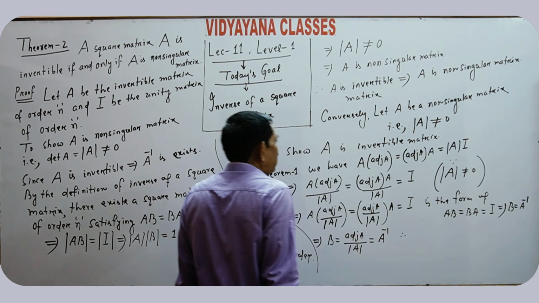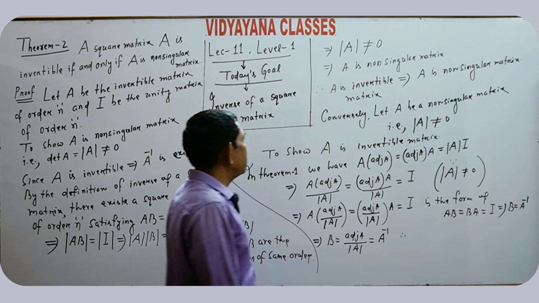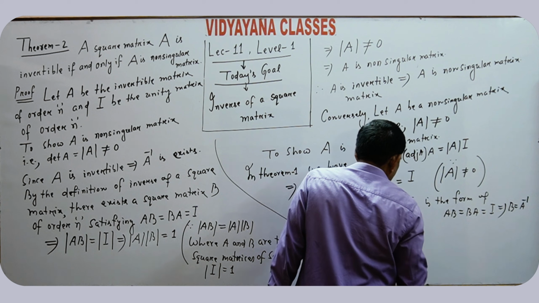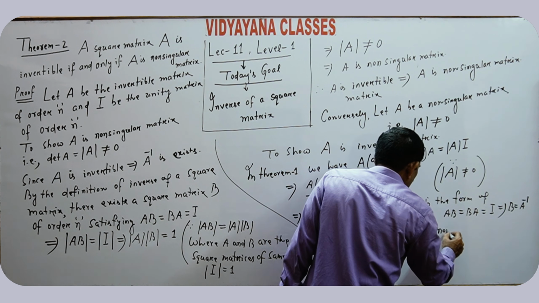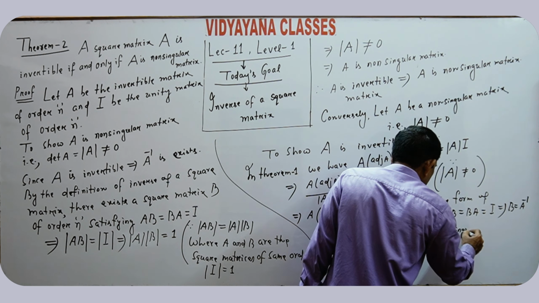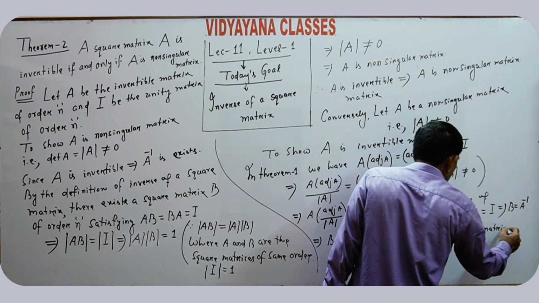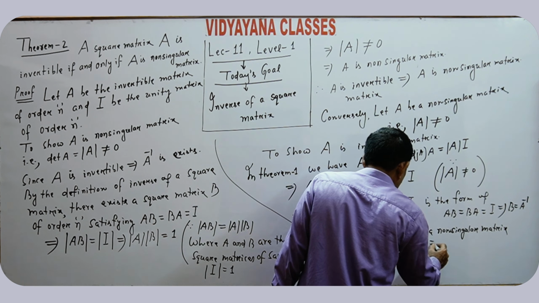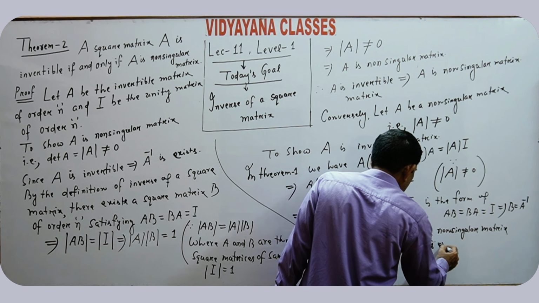Therefore A is a non-singular matrix. Therefore A is a non-singular matrix implies A inverse exists.